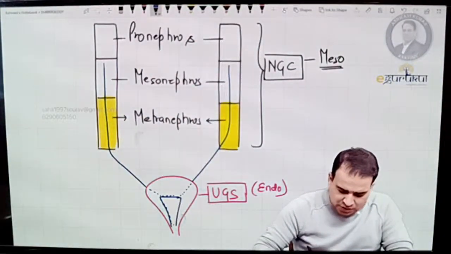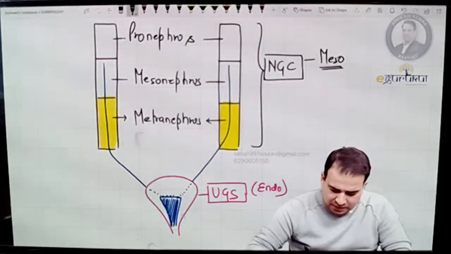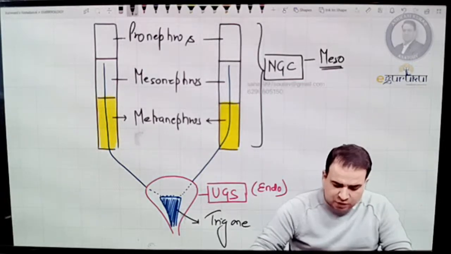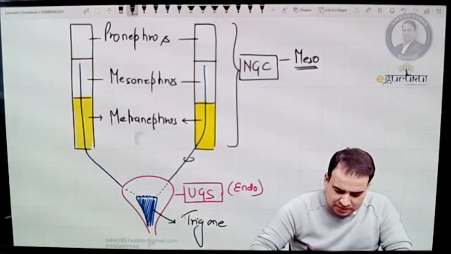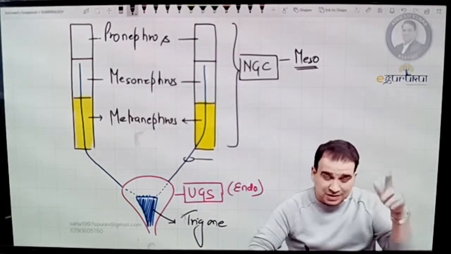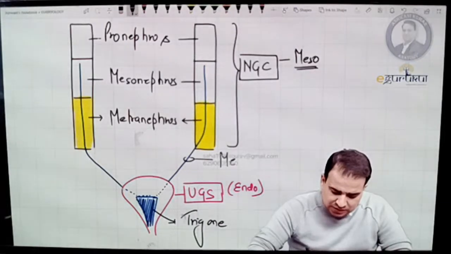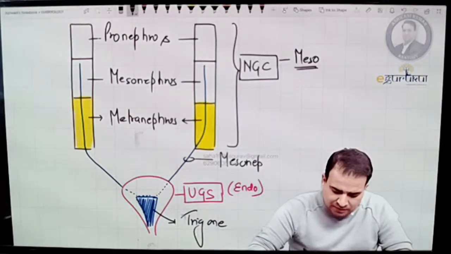So I can say, in the initial development, this here is a trigone of the bladder. I can say that this duct is called a mesonephric duct. As you can see, it is descending from the mesonephros. It is formed in the mesonephros. So this duct here is a mesonephric duct.